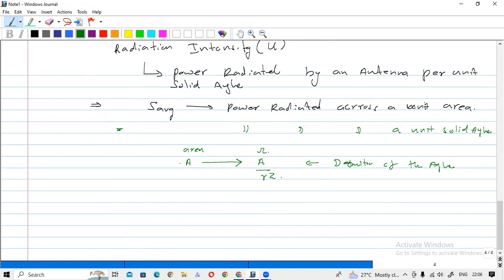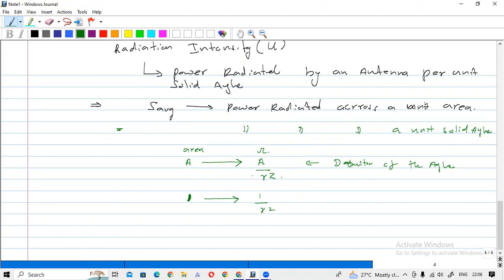If you select a unit area, this area should be divided by A. Then what is the solid angle corresponding to unit area? That is 1 by r square.